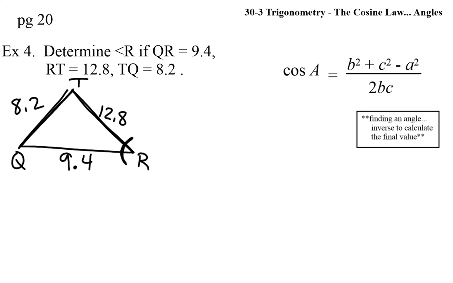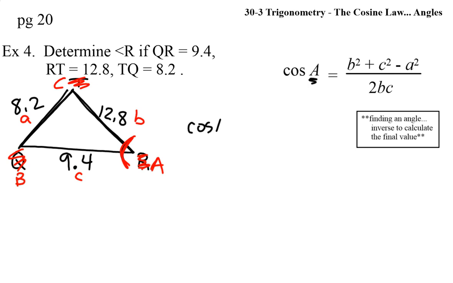Again, first thing I'm going to do, the formula solves for A, so I'm going to change my R to A, and I need these two then to be B and C. It doesn't matter that I've changed my labeling, as long as I know that the angle I'm finding, because it was R initially, is angle A now. So we have side A, side B, and side C based on our labeling. Now I can substitute.